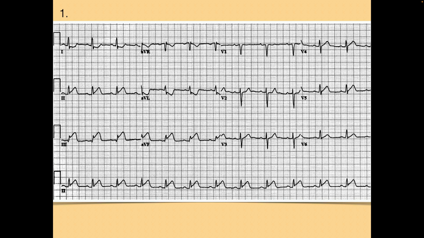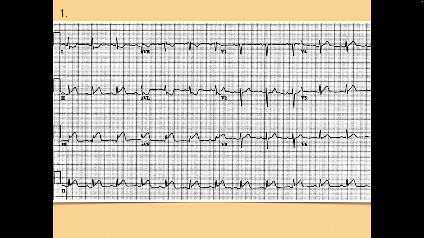Okay, who's next on our line? Number 1: say where the ST elevation is and where the reciprocal changes are. The ST elevation is in 2, 3, and aVF, and the depression is in aVL and 1. So therefore there are reciprocal changes.